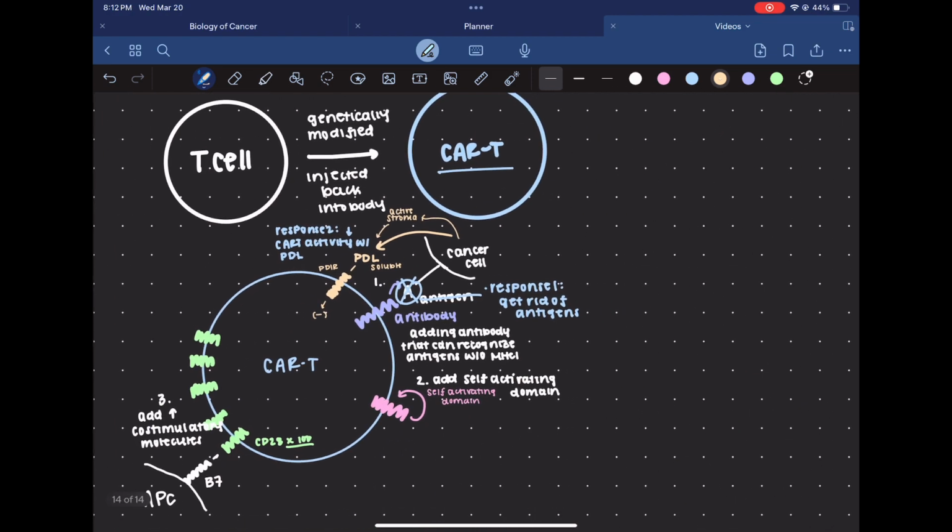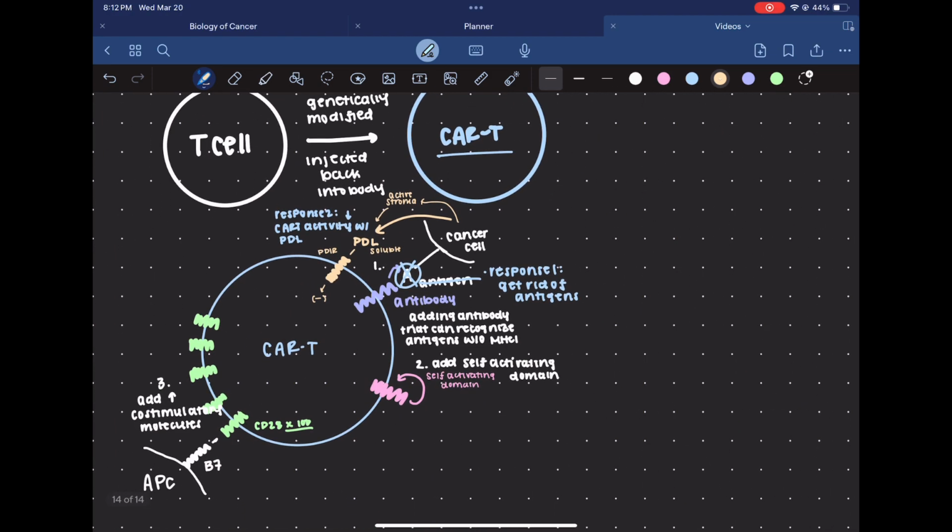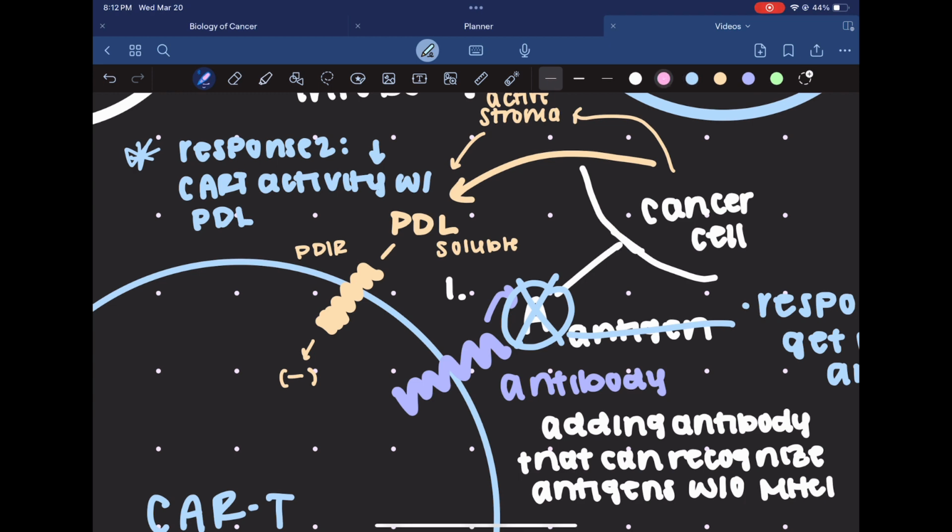Right? So we talked about our 3 modifications to our CAR T cells. We talked about our 2 responses, response 1, response 2, where cancer cells are kind of fighting back. And our modification that we can make in response to this, kind of one final modification to talk about, is we can get rid of this PD-1 receptor, right? If cancer cells are targeting this PD-1 receptor, we can get rid of it.